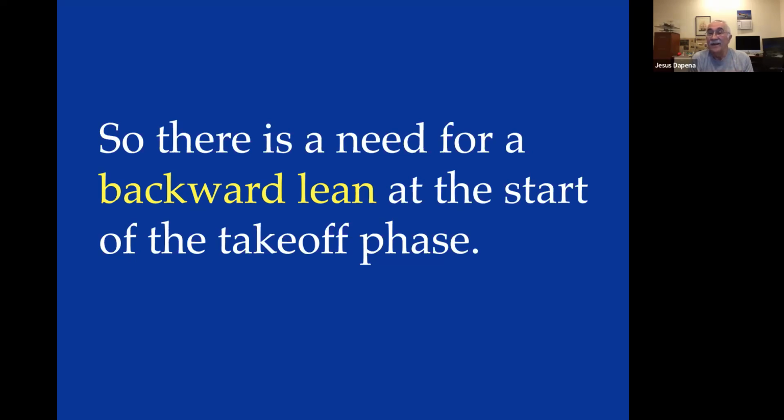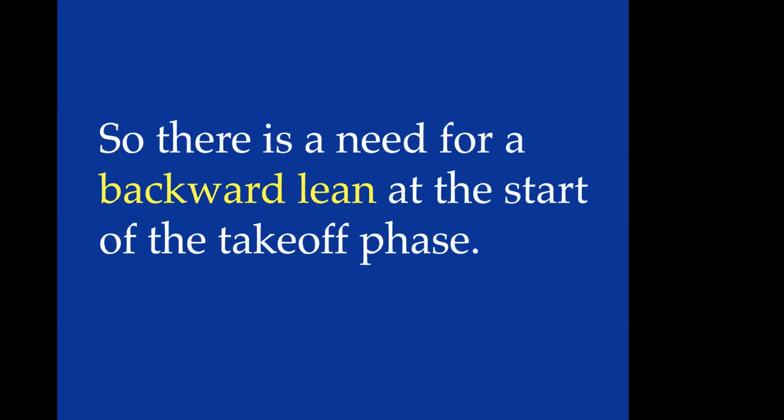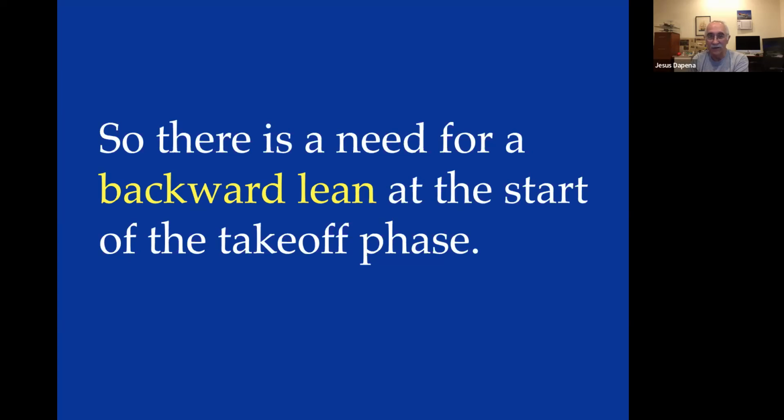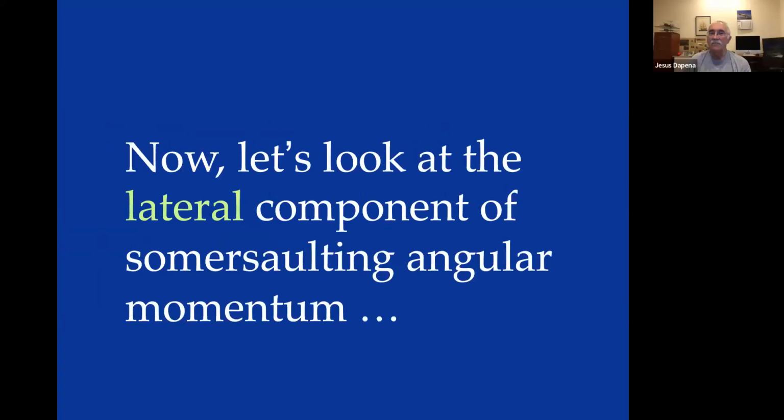Then you will not get the good height you should have, but also the rotation will not be very good either. So it's another bad situation. Okay, so the moral of the story is you need to have that backward lean at the start of the takeoff phase.